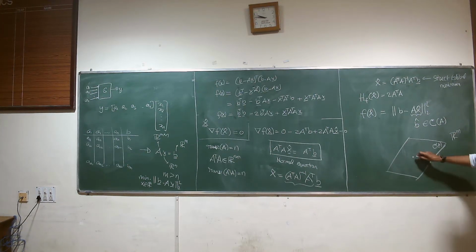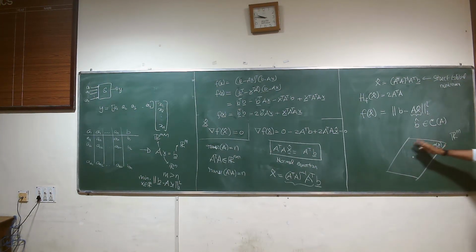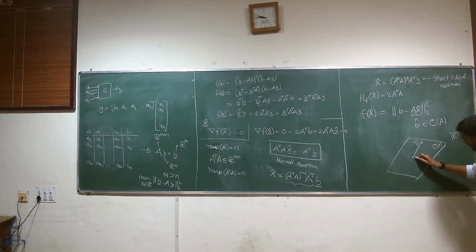And your vector b was not on this subspace. It was outside, somewhere here, pointing outside the space. That is why you could not solve it exactly. This was your b, but this b cap lies here.